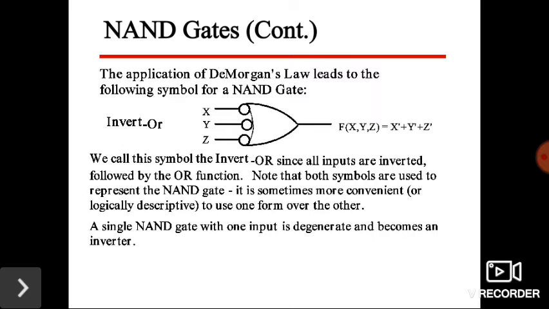So note that both symbols are used to represent the NAND gate. It is sometimes more convenient to use one form over the other. A single NAND gate with one input is degenerate and becomes an inverter.